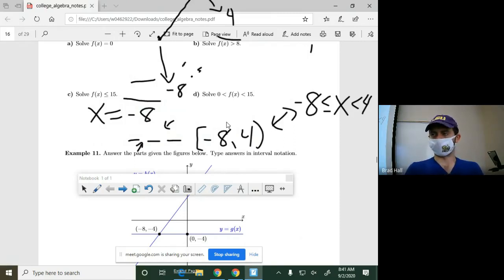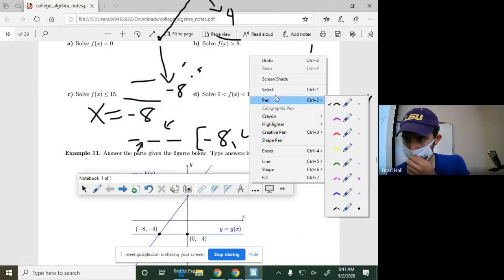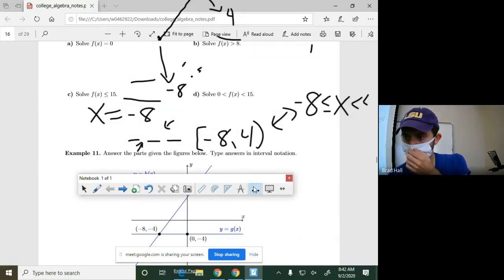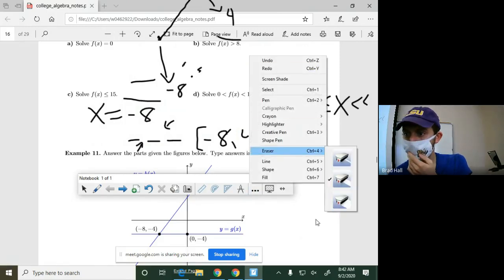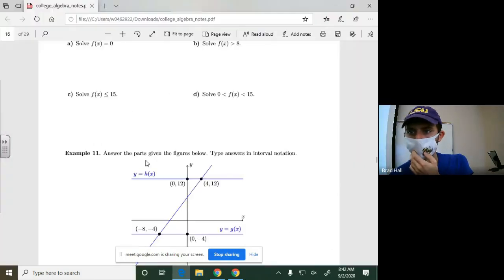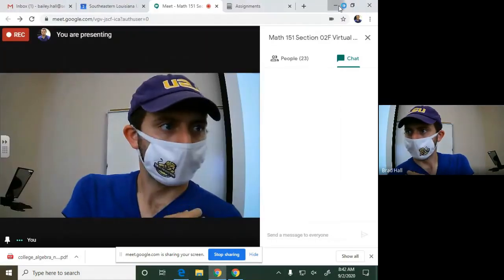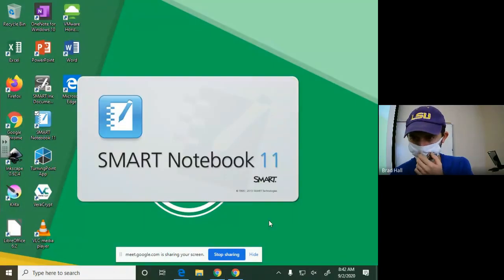So if you have not started on linear functions already, please go ahead and work on that and get that done. But other than that, we're going to go ahead and pick up on the next section after I reset the writing stuff.